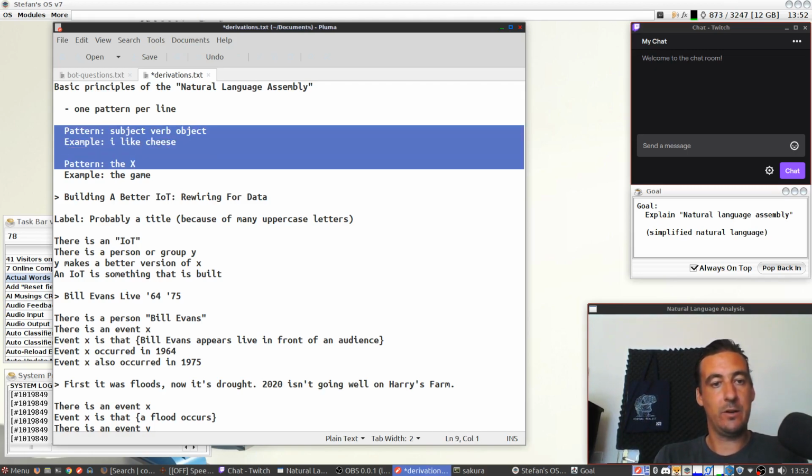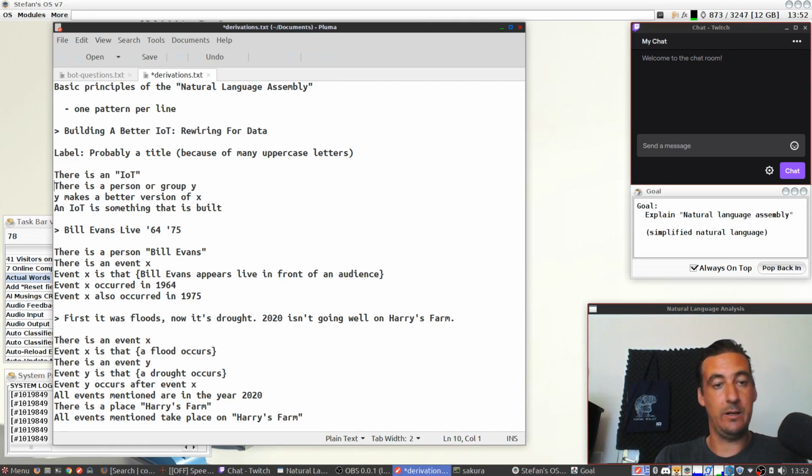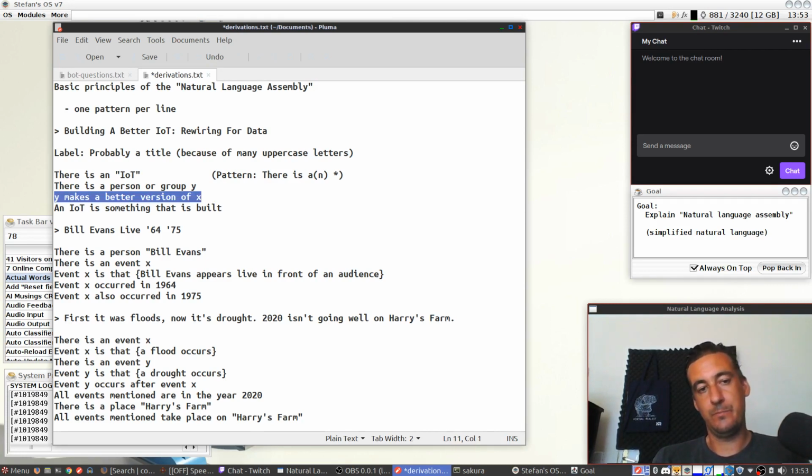So in this natural language assembly thing, we only have one pattern in a line. Here the pattern would be there is X. There is a something. We could also just use a star here as a variable. This is already maybe too complicated. It kind of contains two patterns.